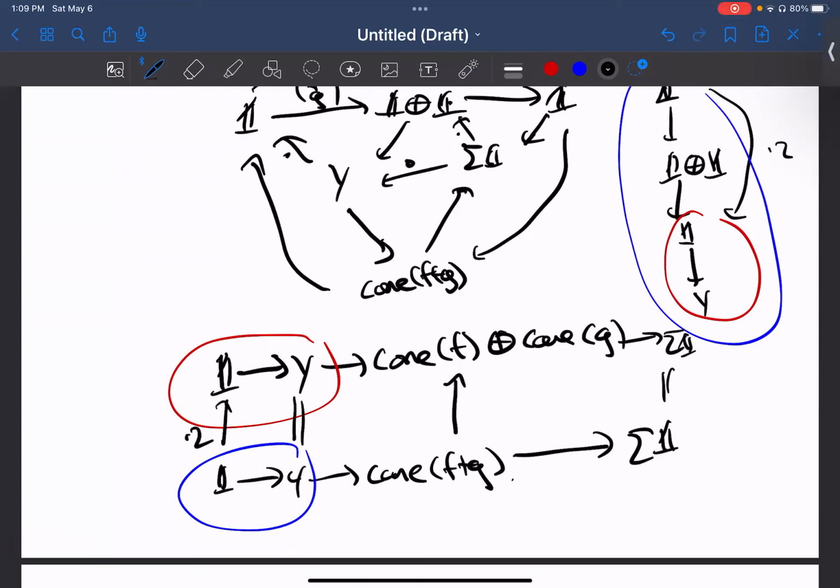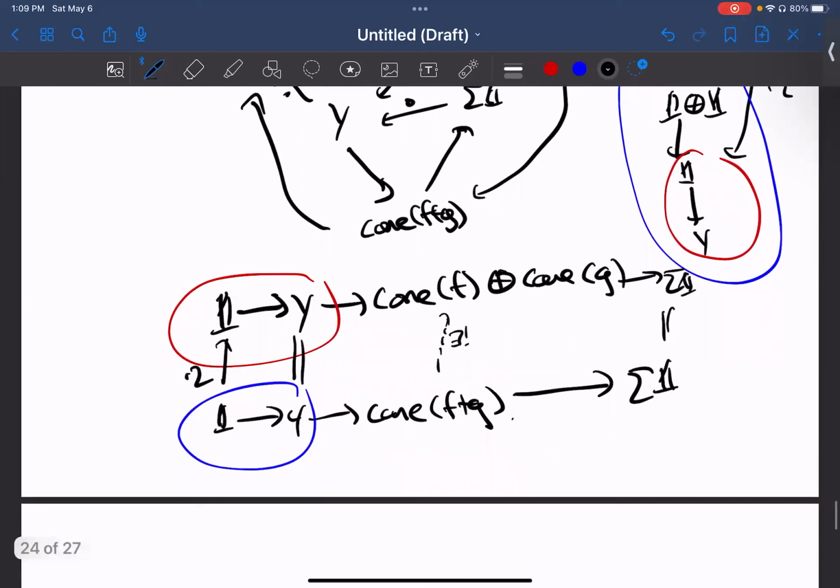And this is going to induce a map here. And we just want to show that this guy here is non-zero.